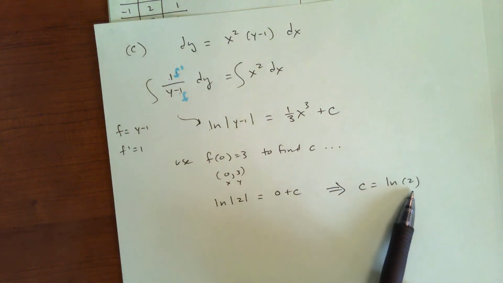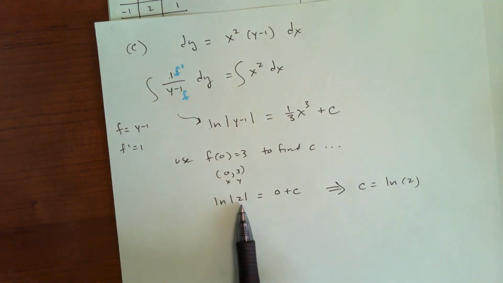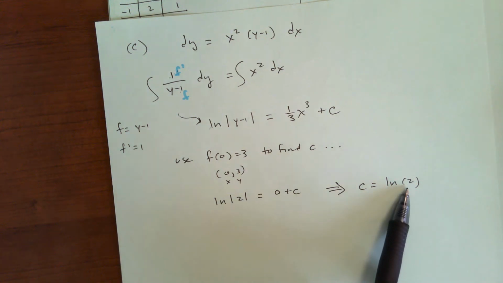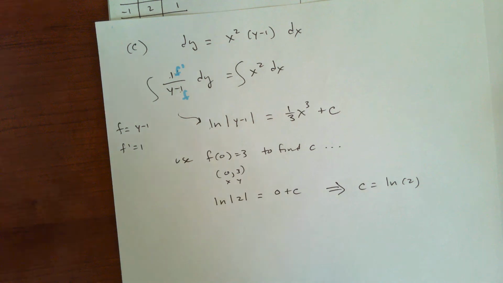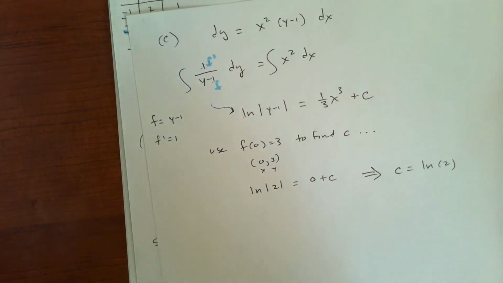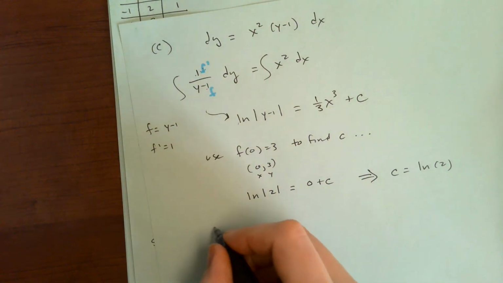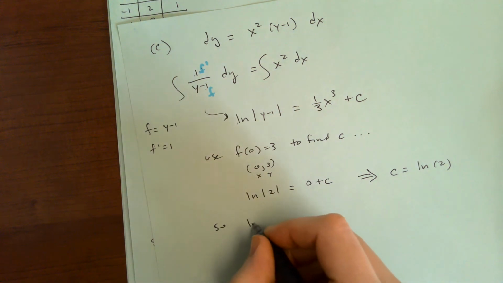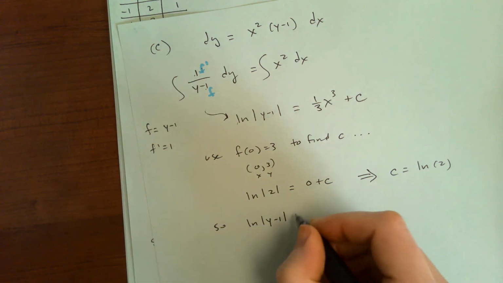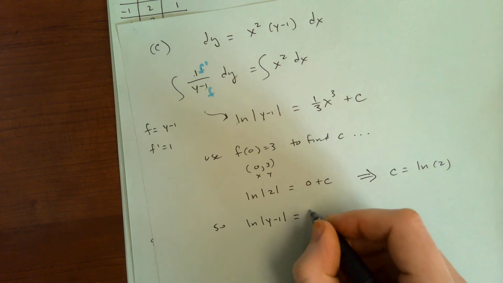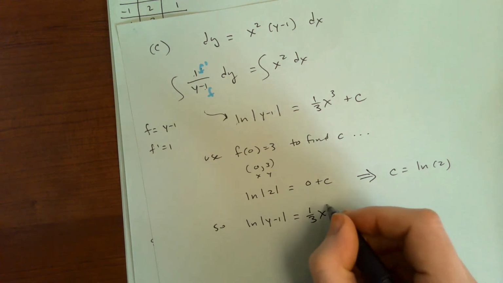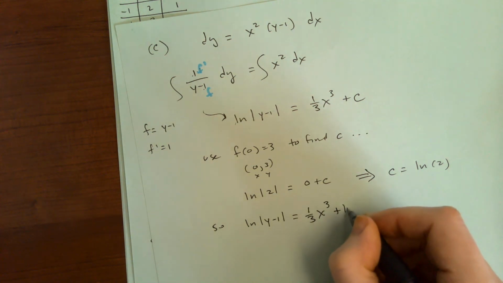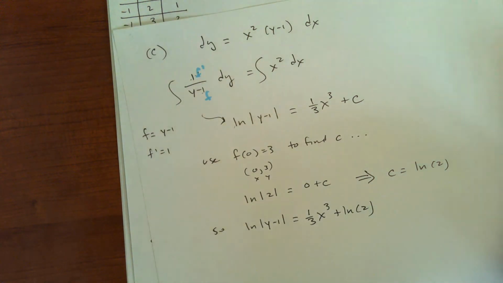Now, I don't need the absolute values, guys, because 2 is already positive, so I change them to parentheses. Now you plug the c back in: natural log of absolute value y minus 1 equals 1/3 x cubed plus natural log of 2.